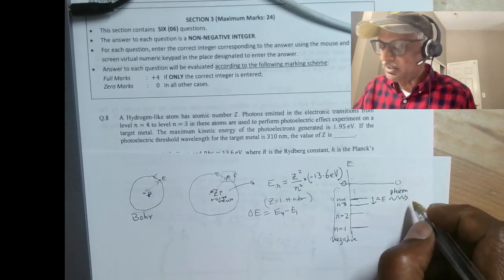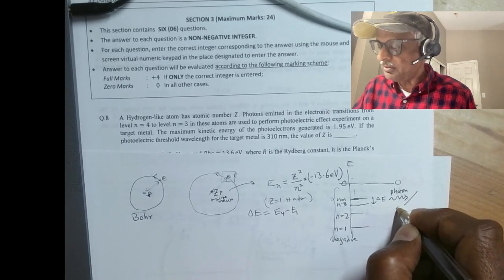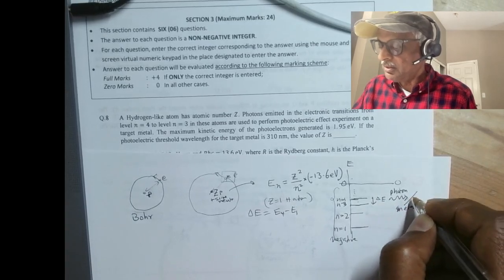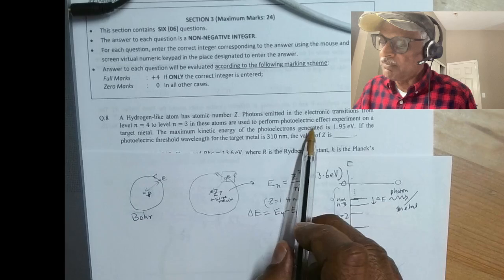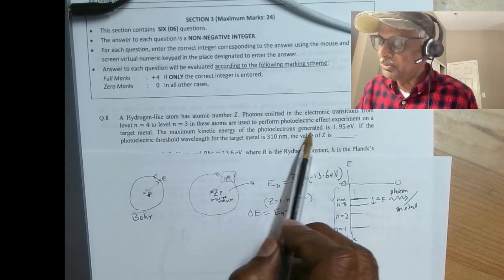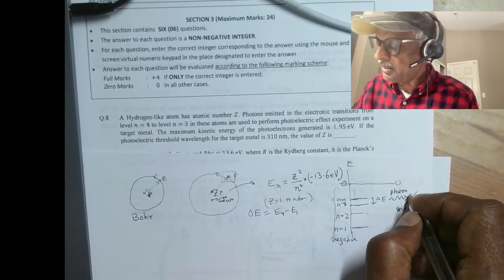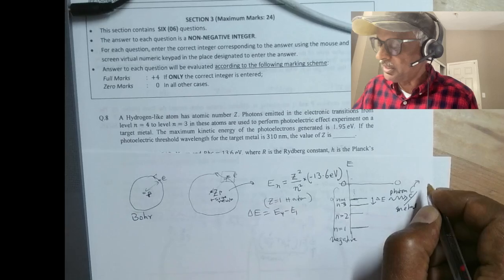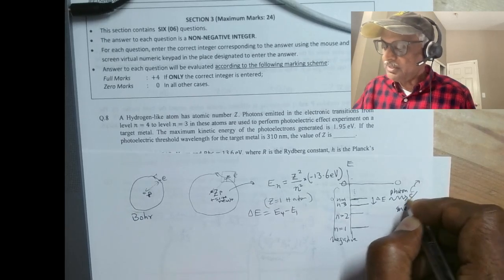Now that photon is supposed to strike a target metal. The maximum kinetic energy of the photoelectron generated is given. So over here an electron comes out.